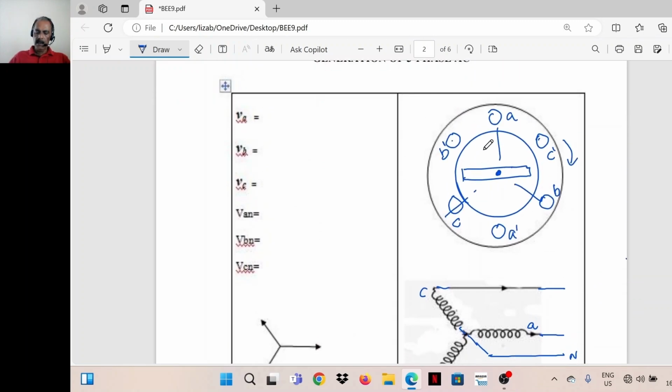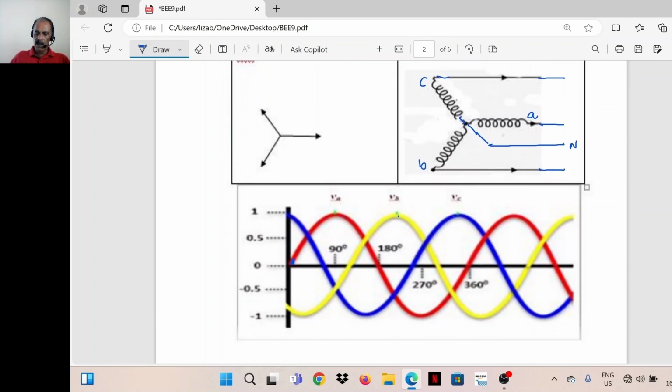Now when the magnet comes to the axis of A dash, now it is horizontal. Now when the magnet is in this vertical position, the voltage induced in coil A comes to a maximum.